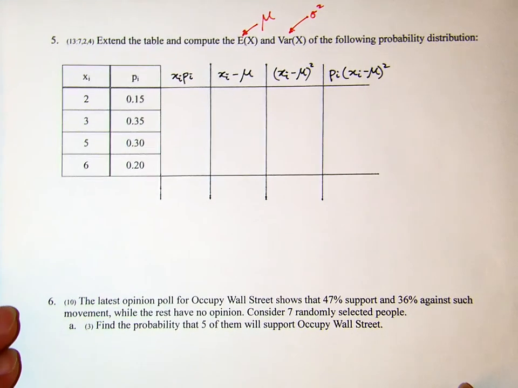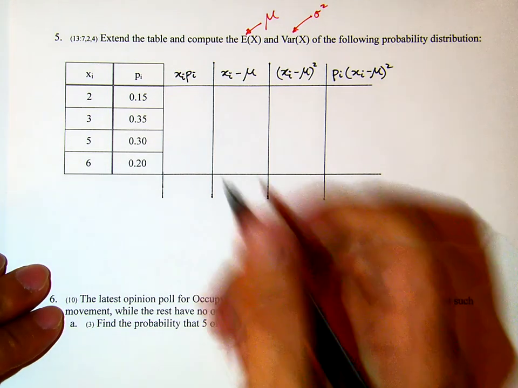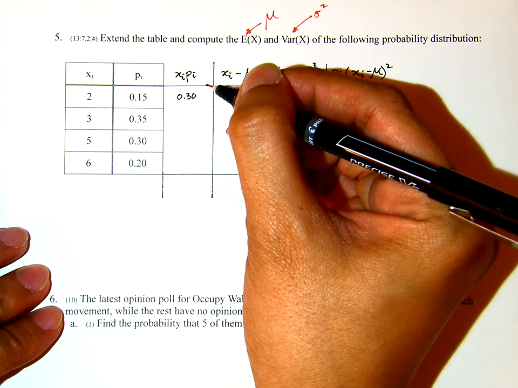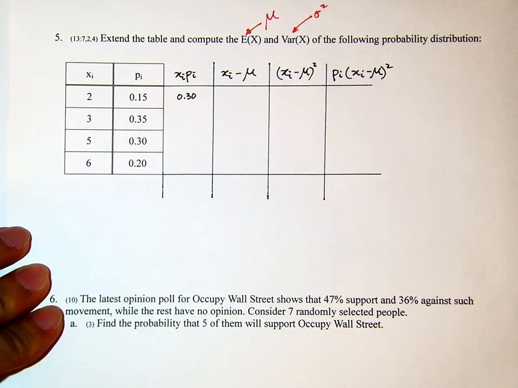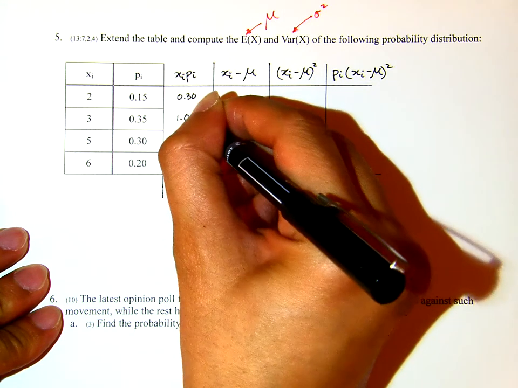Now let's see. The product here, this will be 0.30, and then 3 times 0.35, that will be 1.05.